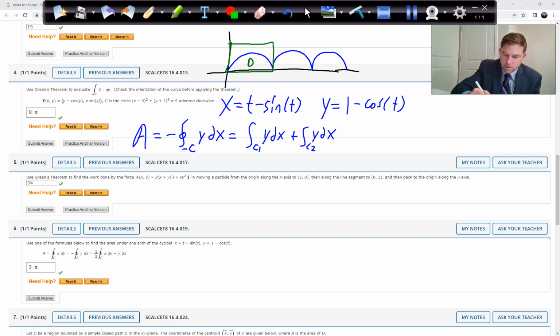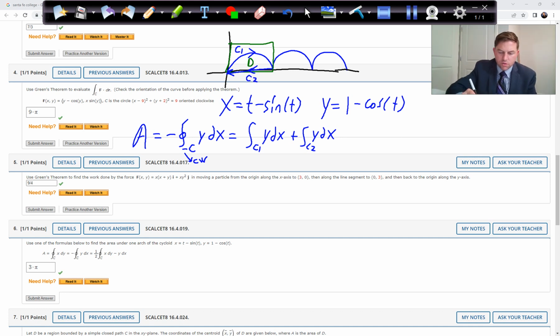Basically this curve is going to go clockwise, so it's negative, and that's the negative C here. It's going to come back to the origin. We have to make it come back to the origin. So this is C1 and this is C2.